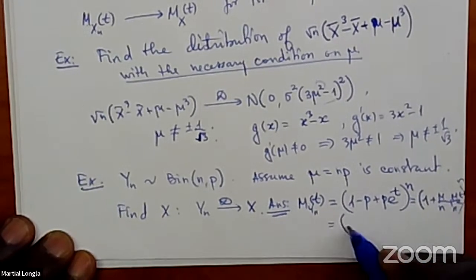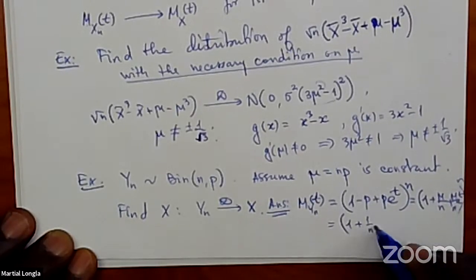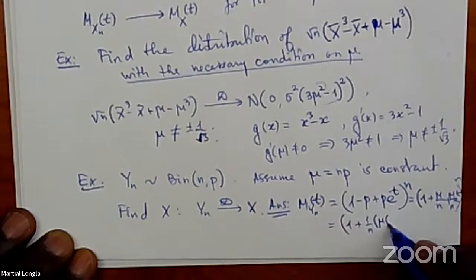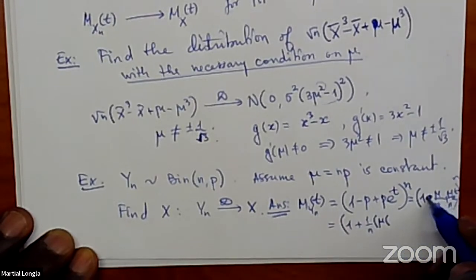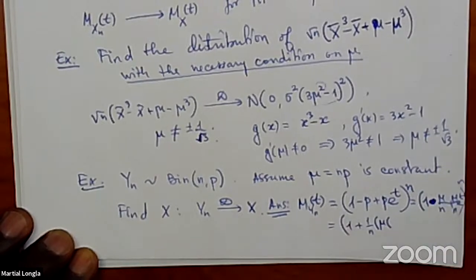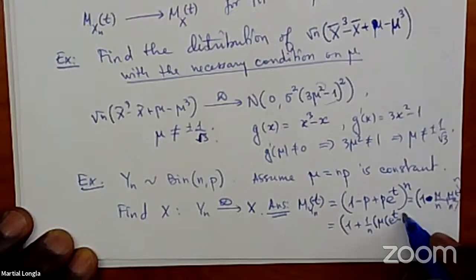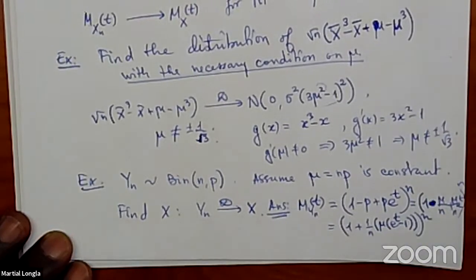So that is 1 plus 1 over n times mu times (e to the t minus 1), raised to the power n. Do we agree?